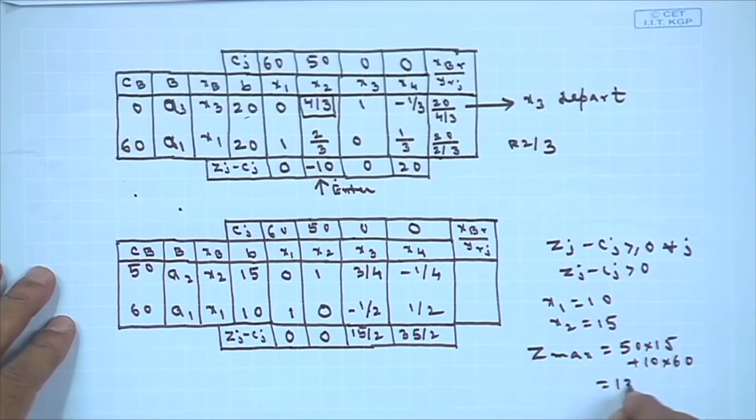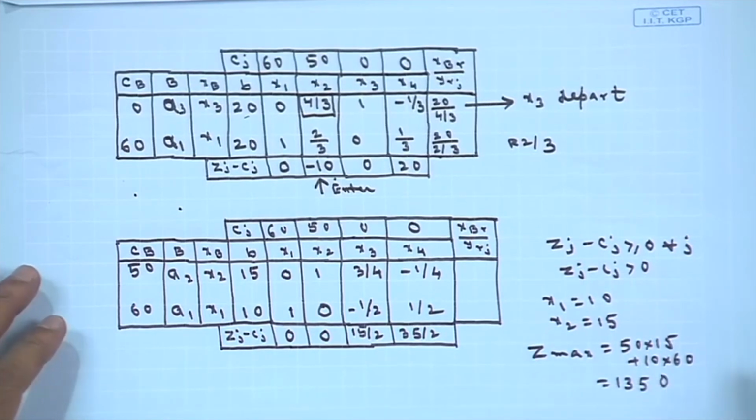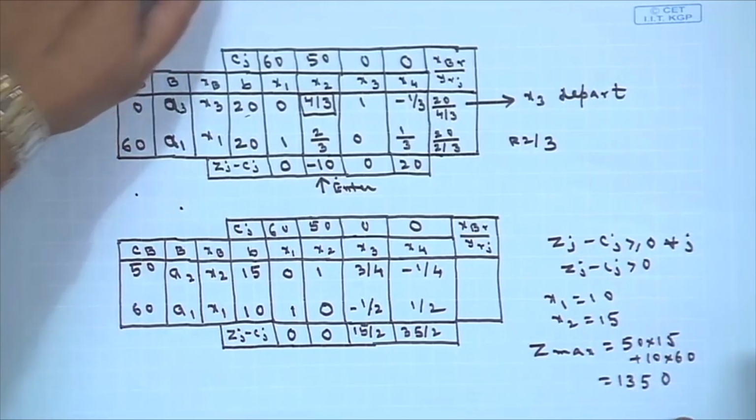So, it will be 1350. So, this is the solution of this problem. In the next class we will explain one more example to illustrate this algorithm.